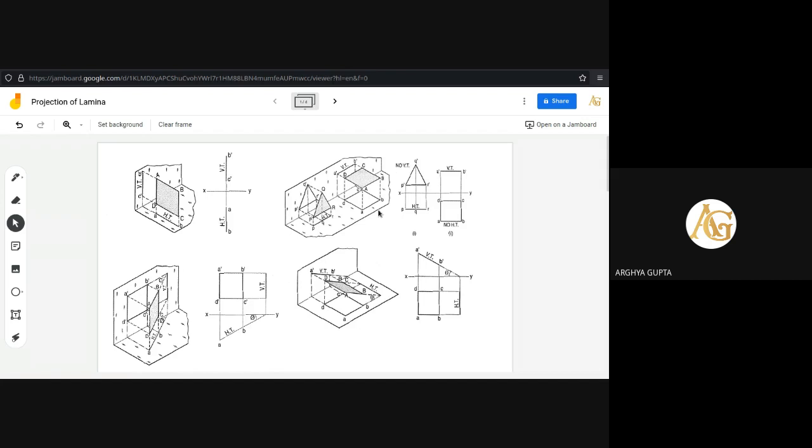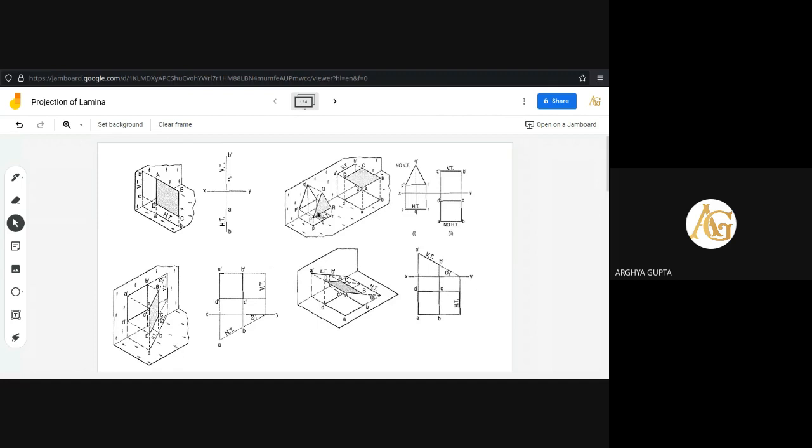Now let us see the second example. It is a triangular lamina. The triangular lamina is placed in a manner that the plane of the lamina is parallel to the vertical plane and perpendicular to the horizontal plane, isn't it? Parallel to the vertical plane and perpendicular to the horizontal plane.